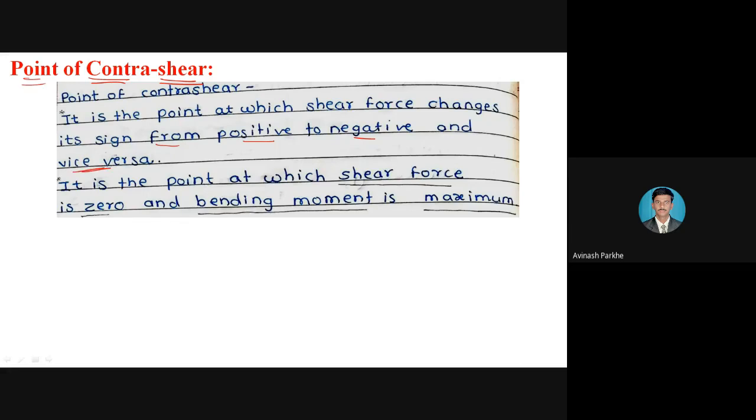It is the point at which your shear force changes from positive to negative or from negative to positive. That particular point is called a point of contra shear, and at this point the shear force is zero and bending moment is maximum.